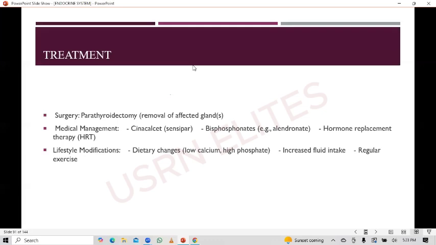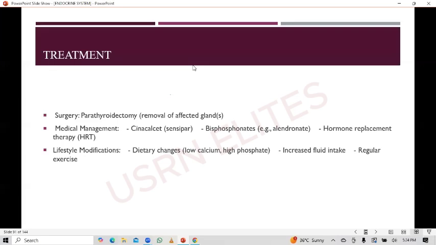Unless the primary cause is vitamin D deficiency, then we have to correct the deficiency so that the body will stop removing more calcium from the bones. So one major cause of hyperparathyroidism is vitamin D deficiency.